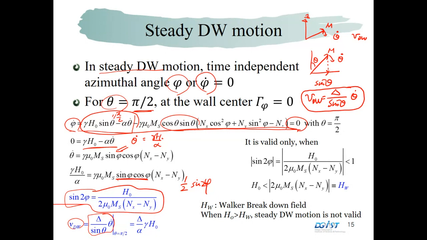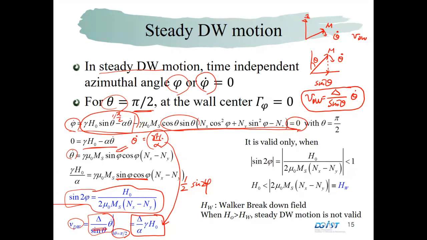So in the center of the domain wall, theta is pi over 2, so we can simply say sine theta is 1. So the domain velocity is determined by theta dot, which is given here. So we can obtain this relation.